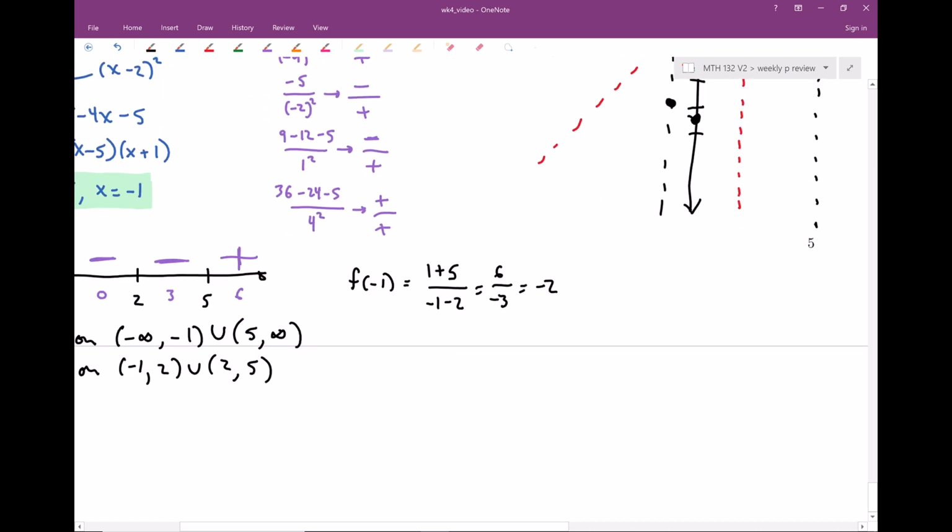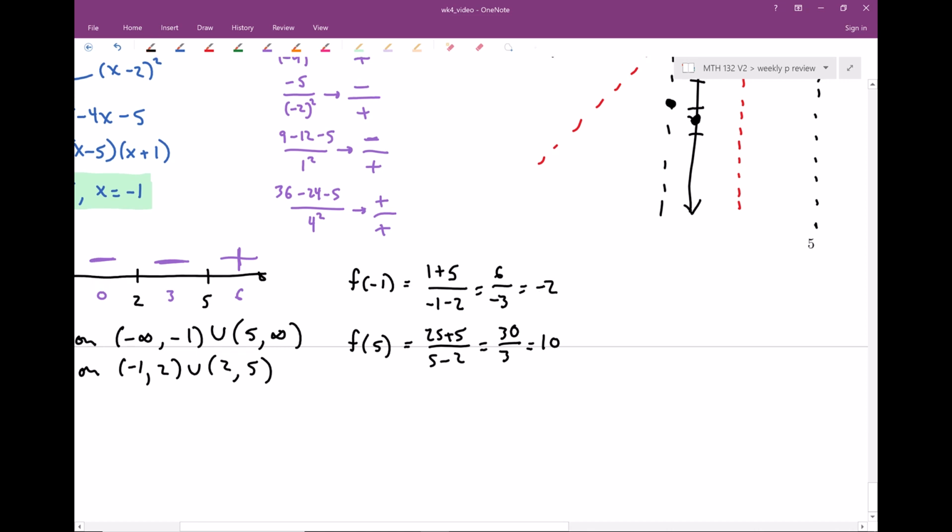All right, and then how about f of 5, our other critical point. So again, we take 5 and we square it, that's 25. Add 5 to that. And then we have 5 minus 2. So I'm going to have 30 divided by 3, so this is going to have a height of 10.